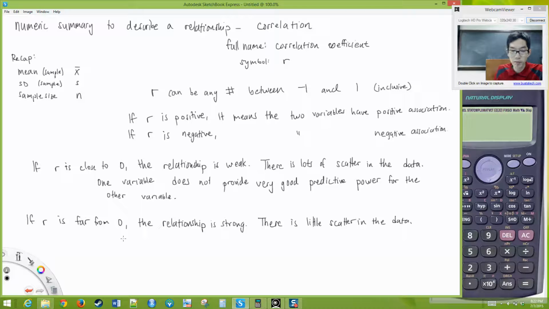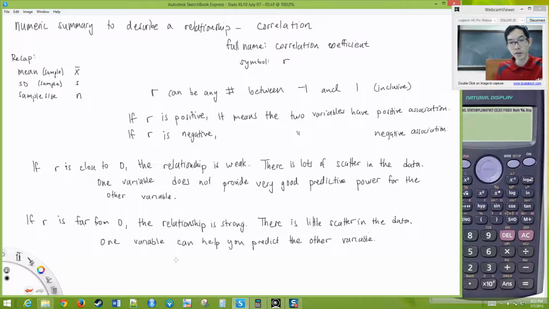And one variable can help you predict the other variable. So star, all of this stuff that I've written here is very important regarding our understanding of R.